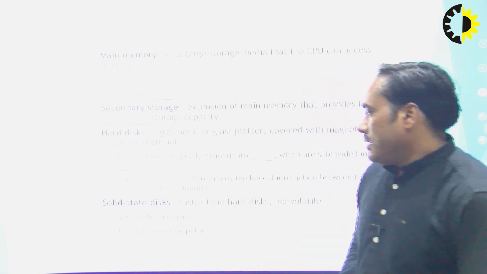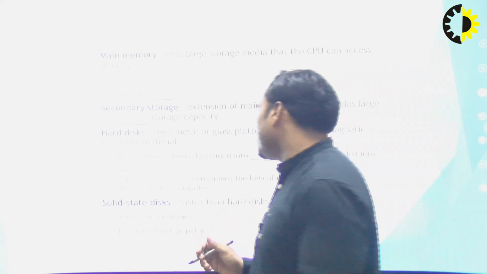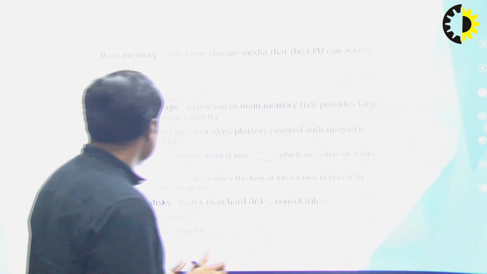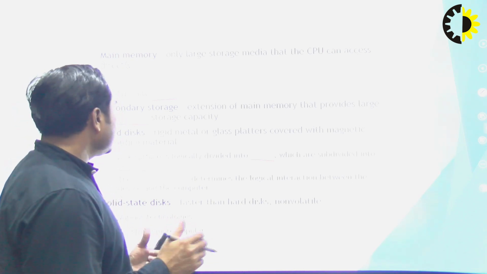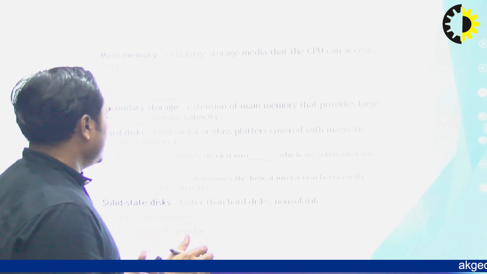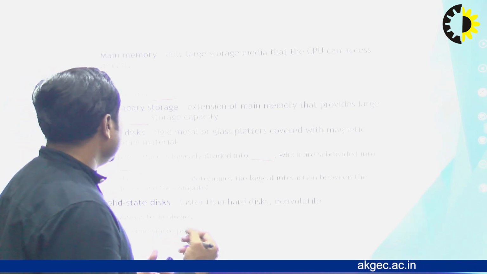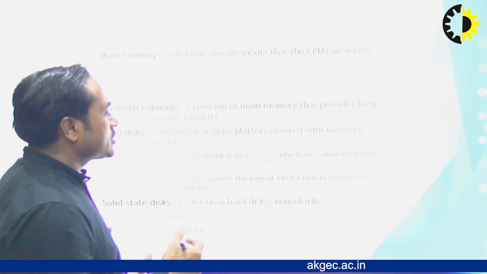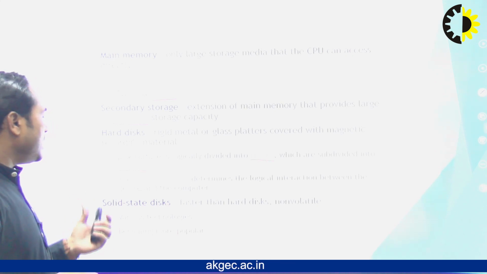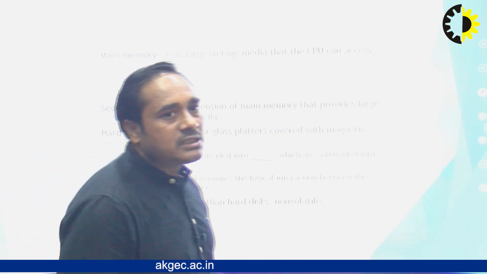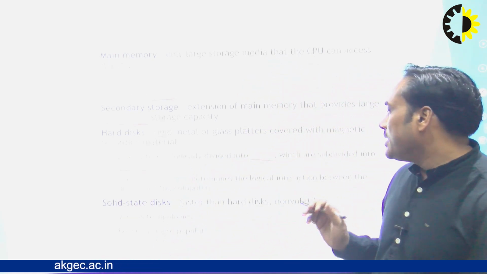The next point is disk controllers. Who will control the disk basically? The disk controller determines the logical interaction between the device and the computer. This controller controls the disk through which we can control the information, whether you are transferring data from the disk to the main memory, or disk to disk. A solid state disk, SSD storage, is faster than the hard disk, and it is non-volatile.